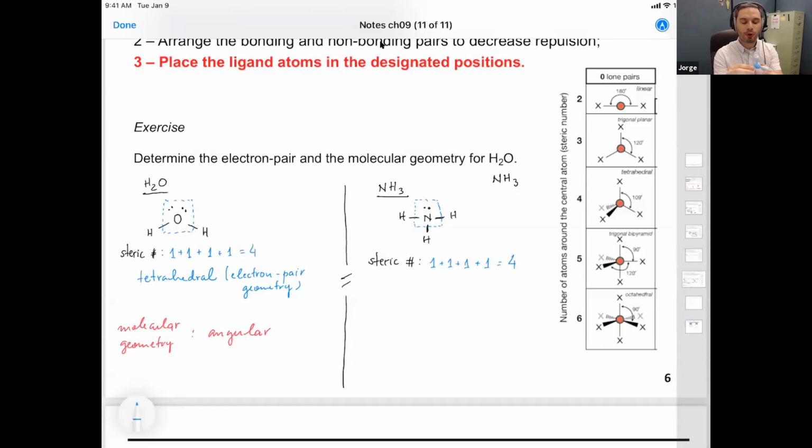The best way to arrange 4 groups around the central atom is to distribute them as a tetrahedral geometry. And that's going to be the electron pair geometry.